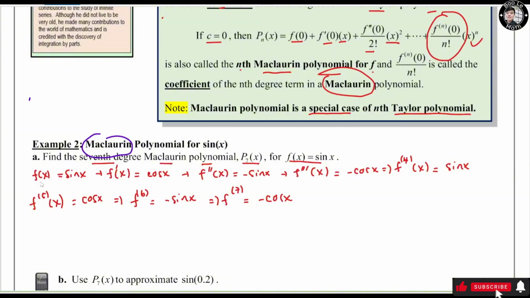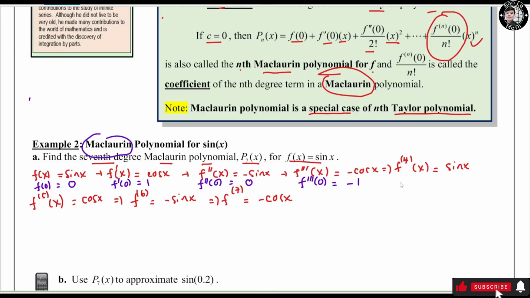So we have f of 0 equals sine of 0, which is 0. F prime of 0 is cosine of 0 equals 1. F double prime of 0 is negative sine of 0 equals 0. F triple prime of 0 is going to be negative 1.